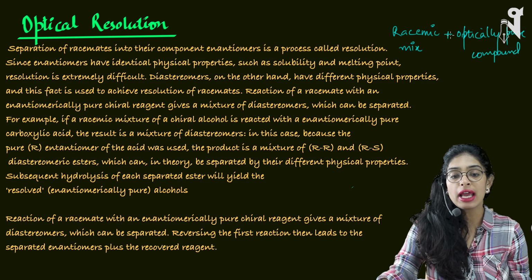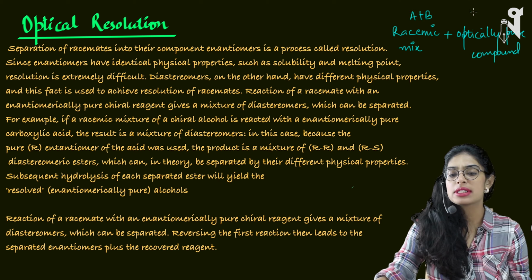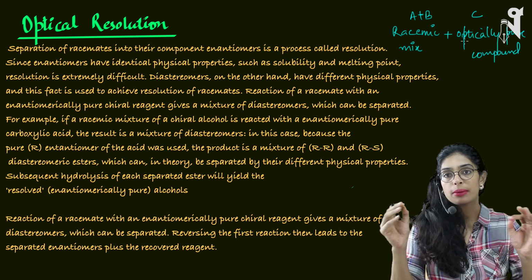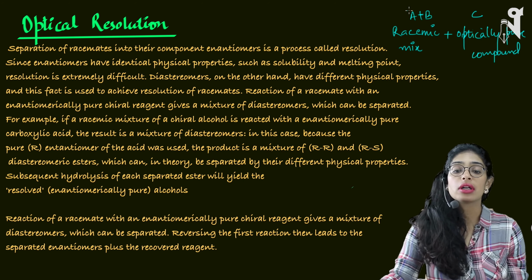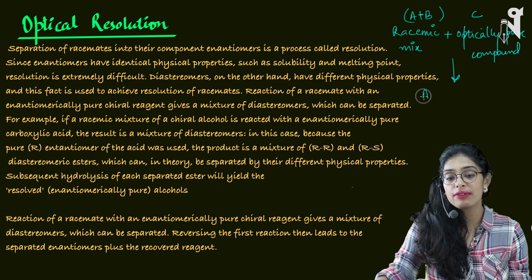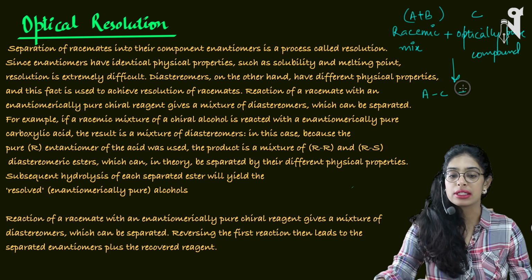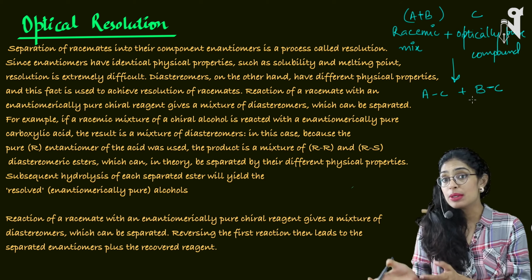Let's say I have a racemic mixture of A plus B. It is reacting with, let's say, C, which is an optically pure compound. Now, when these two react together, two products will be formed. One is the product of A with C, which I have written as AC, and the other is B with C, which I have written as BC.